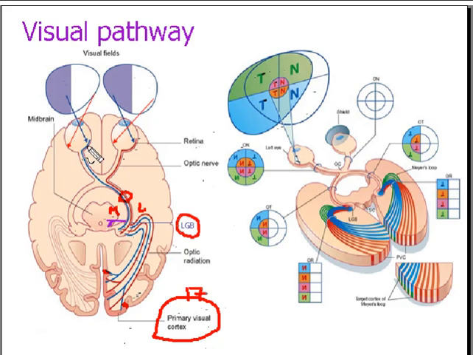So similarly, the upper field of vision travels to the lower part of the cortex. The middle of your field of vision goes to the posterior most part of the occipital cortex, and that's really what this is representing. See here, this is the upper field of vision, and when you see it in the retina and in the optic nerve, it's represented below.